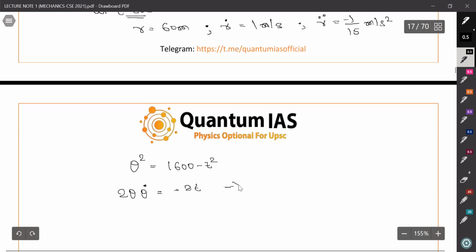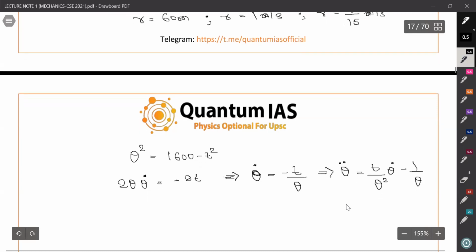So from here we can write that theta dot is equal to minus t by theta. Also, using differentiation, we can write that theta double dot will be equal to t by theta square theta dot minus 1 by theta.